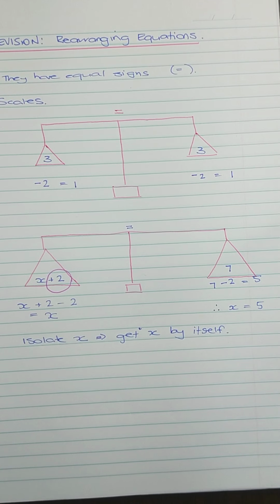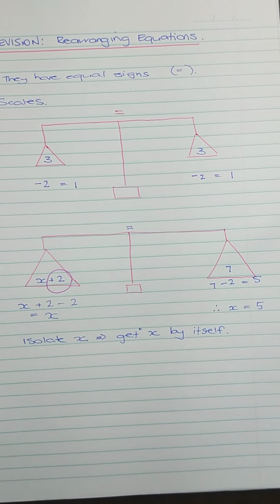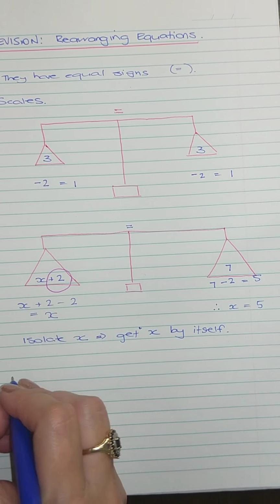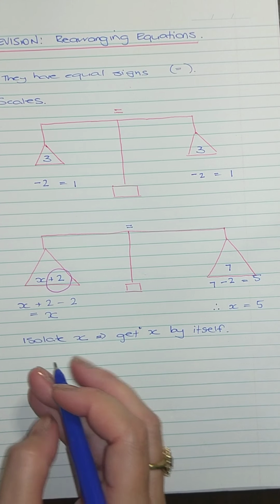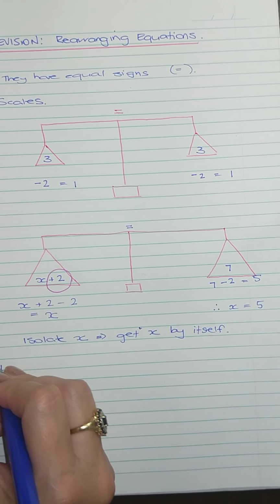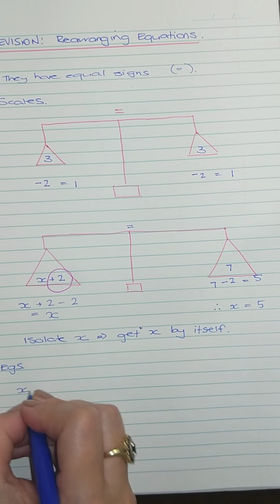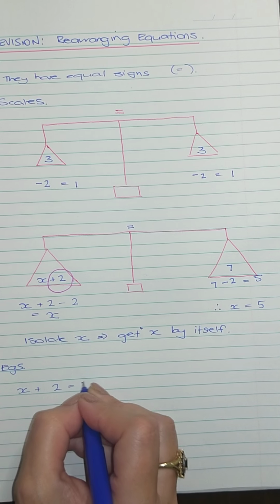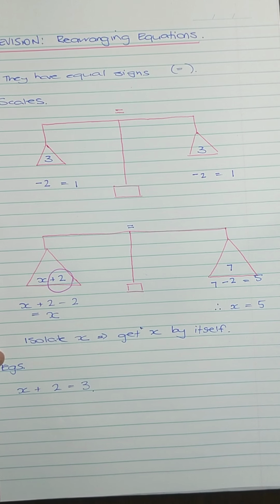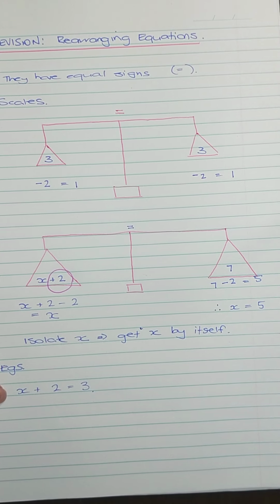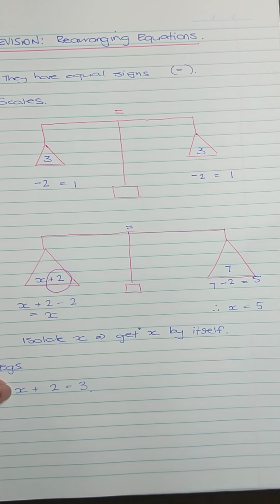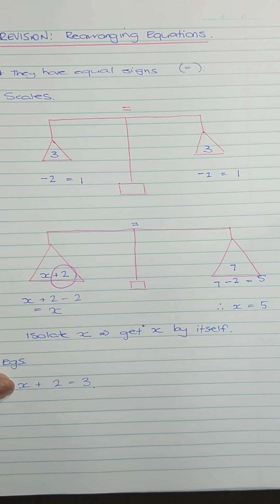So let's have a look at some really easy ones. Let's look at, without drawing all these scales all the time, because that's not practical, here's a few little examples. The first one, x plus 2 equals 3. Okay, and at this point, I will say to you, look, I know that you know that 1 plus 2 equals 3. I get that.